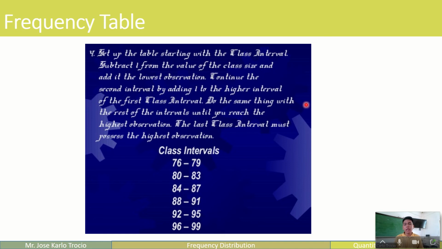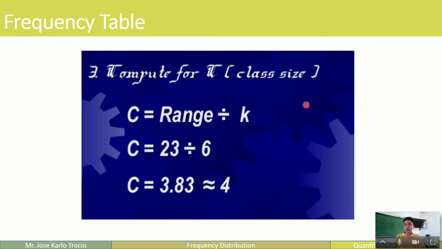In our frequency table, you can start ascending or descending. But in research, we suggest that you use descending, from 99 to 96 and so on. So how are we going to do this?